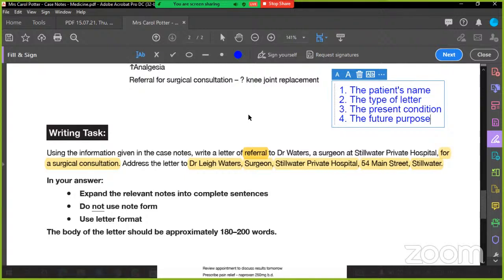Then the future purpose: for your expert assessment and a surgical consultation if required. Like that, whatever it is, you change this one. However, don't use the same words as far as possible.